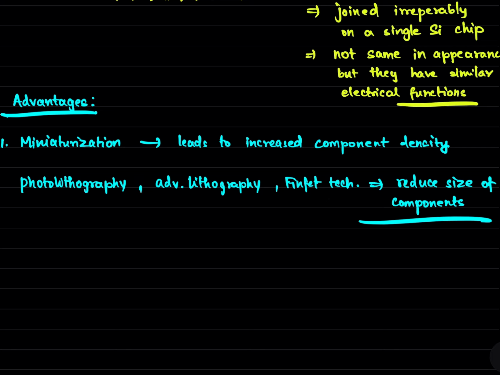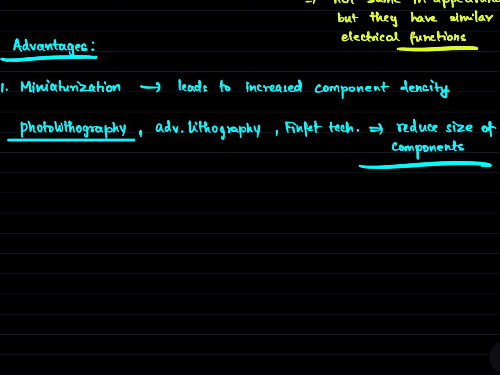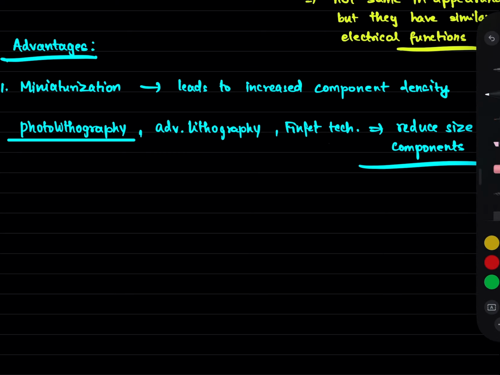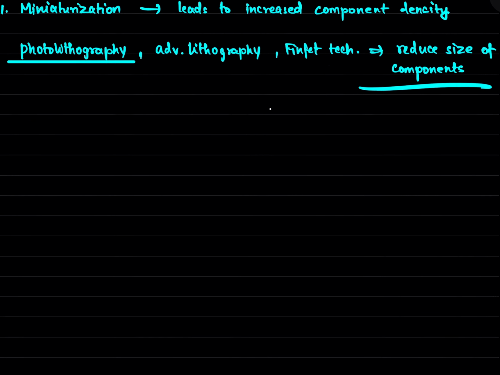And photolithography, so let's talk about photolithography. So in photolithography there is light, and the light is made to fall on a silicon wafer.